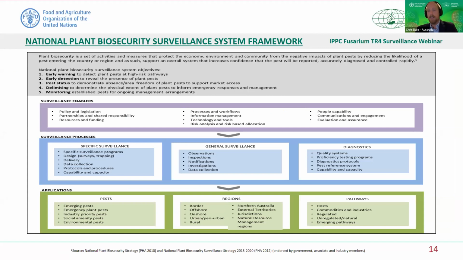And I've got an example there of a national surveillance strategy that underpins a lot of that. So this is just a very broad overview of a surveillance system framework, and these slides are available, so we'll make those available to everyone. So I won't go through them in too much detail, but this is really how we've established our national surveillance system in Australia, and you can see that there's a whole range of different variables there that contribute to that overall national system. Next slide, please.